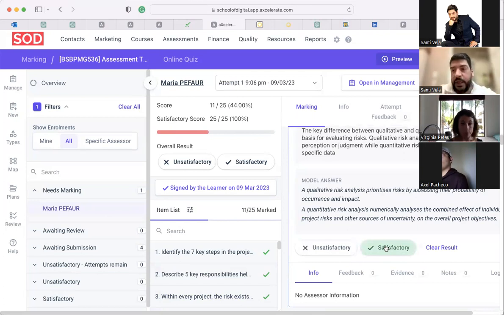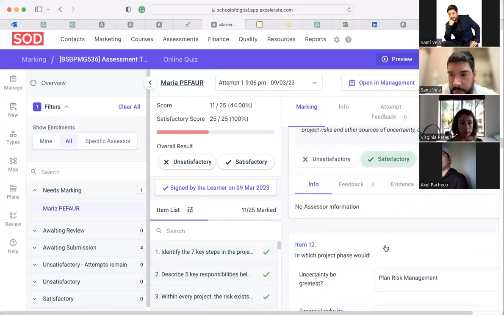Virginia, we will be doing the observation for the unit manage project risk. So if you want to start reading a little bit about it, that will be good.